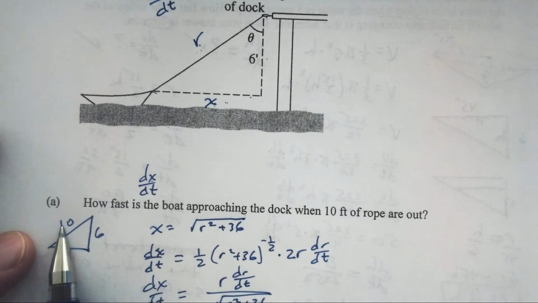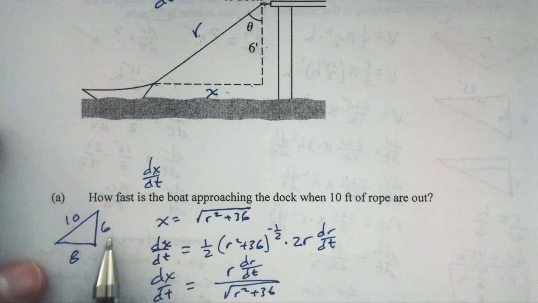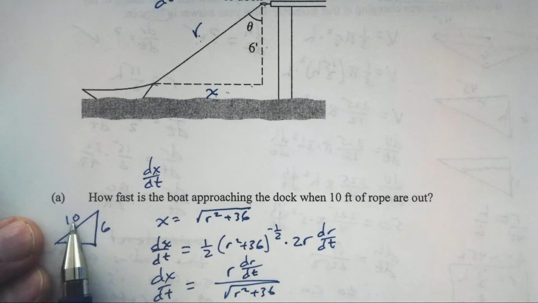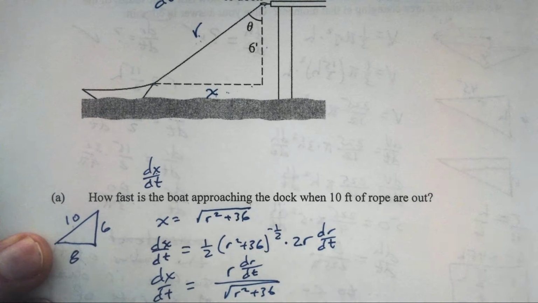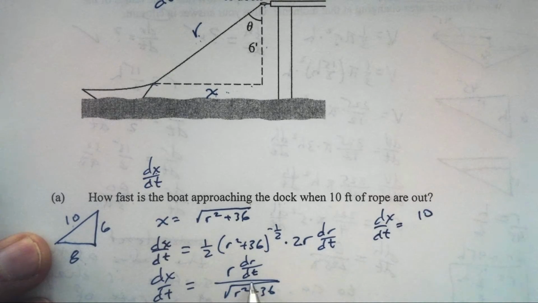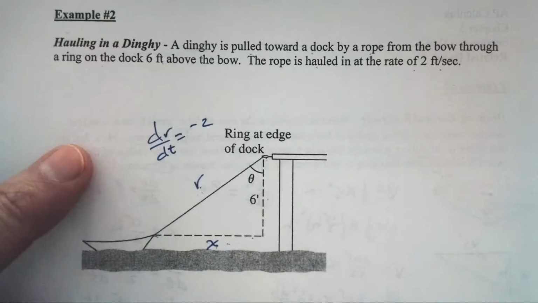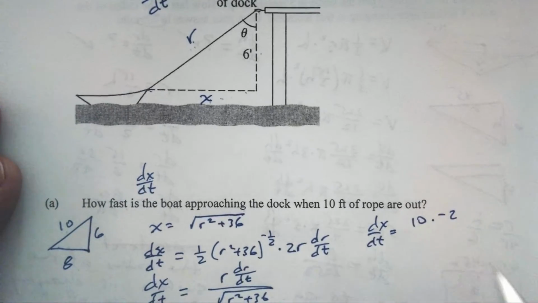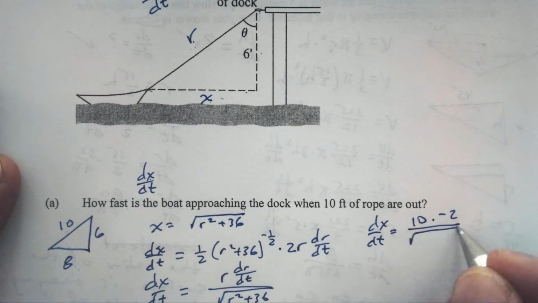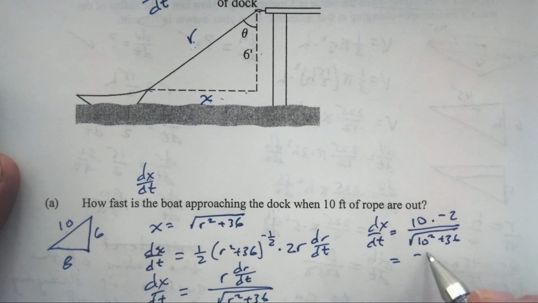Well, what do I know? Now this was a variable, 8 was a variable, 6 was a constant, but at the instant I'm interested in, r is 10. So dx/dt is 10 times dr/dt, which is fixed at -2, remember? On the square root of 10 squared plus 36, so I get -80 on 100.